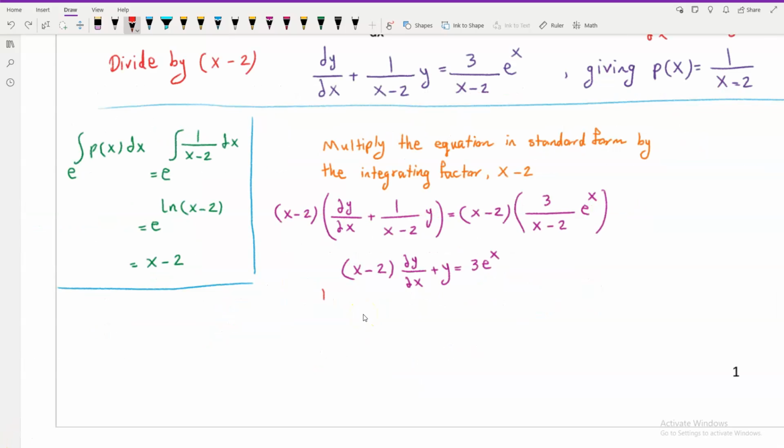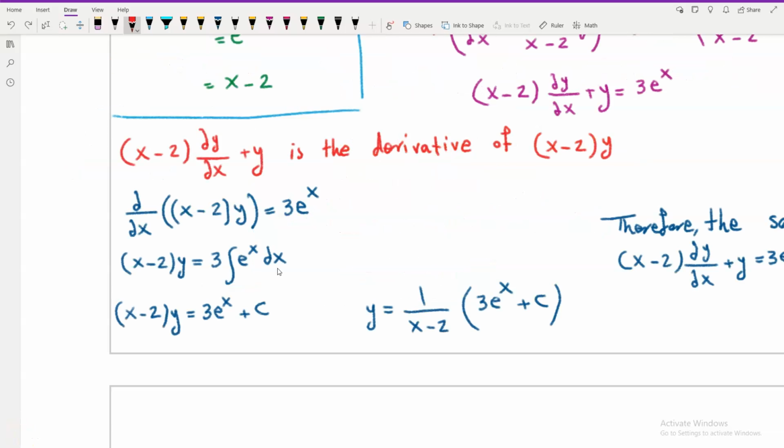The left side of this equation is the derivative of the product x minus 2 times y. This part is the derivative of x minus 2 times y. Based on that, d over dx of x minus 2 times y is equal to what we have on the right side, 3 times e power x.